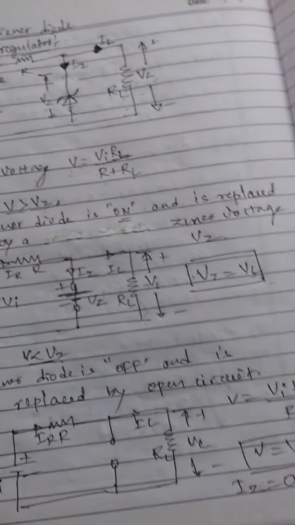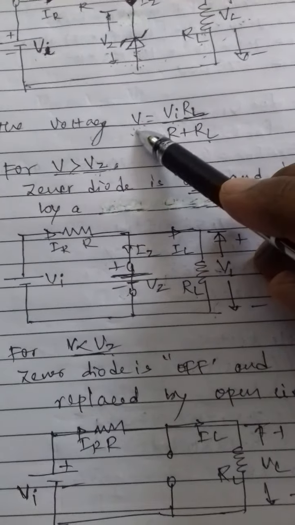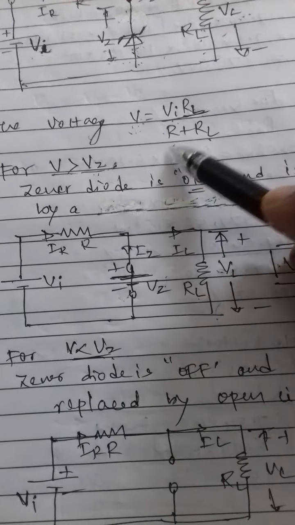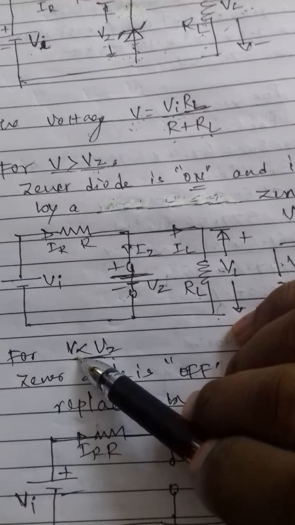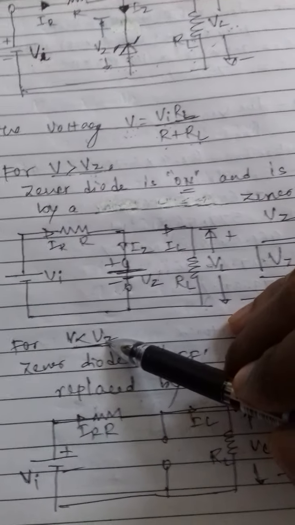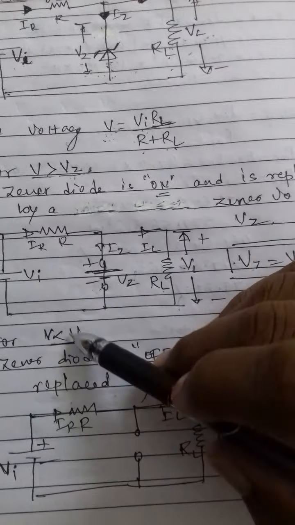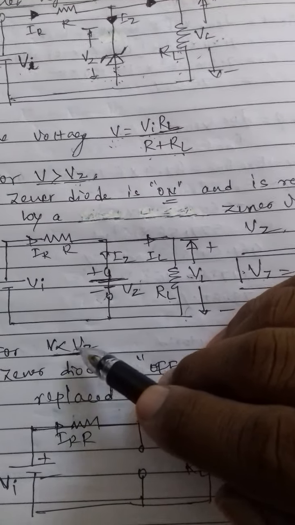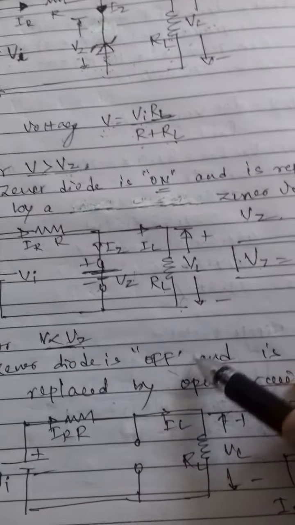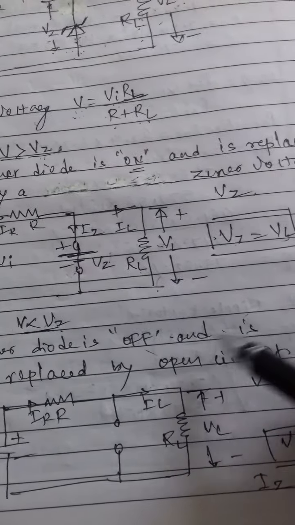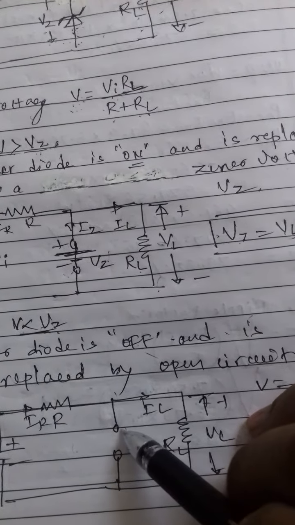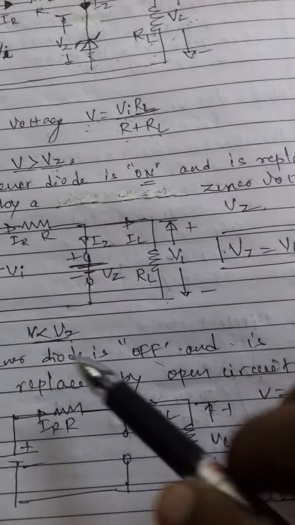Now, if that voltage V is equal to Vi RL upon R plus RL, for the voltage V less than Vz, the Zener diode is off and is replaced by an open circuit. Here the Zener diode is replaced by an open circuit.